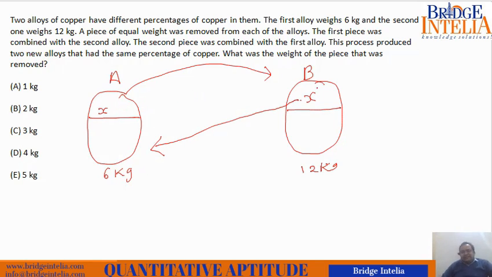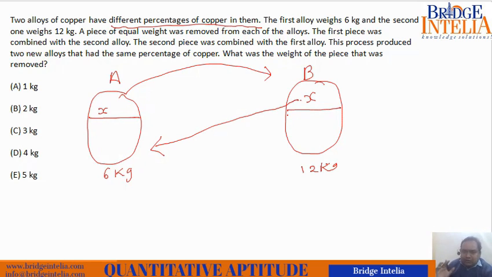If you remove x and replace with x, that means the weight is not going to change. Equal amount is cut from here, but equal amount is replaced also. So the final weight will still be 6 and 12. What else do we know? They have different percentages of copper in them. What is that percentage?